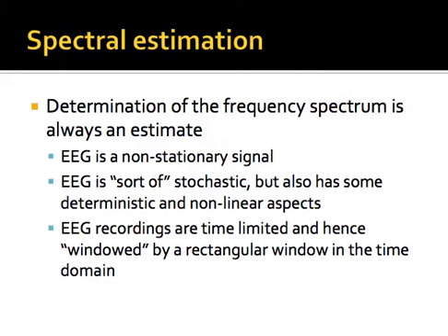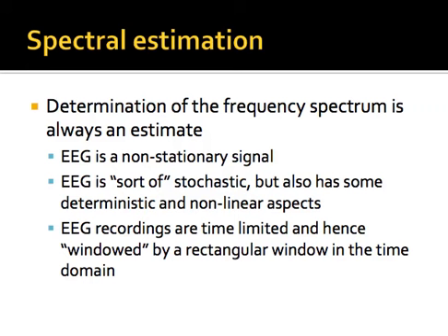The problem with just taking a Fourier transform and finding the distribution in frequency space, there are a couple of problems. First of all, EEG is not a stationary signal. So remember that typically when we use Fourier analysis, we always make this assumption that we have a linear system that is stationary, so it's linear, time invariant.